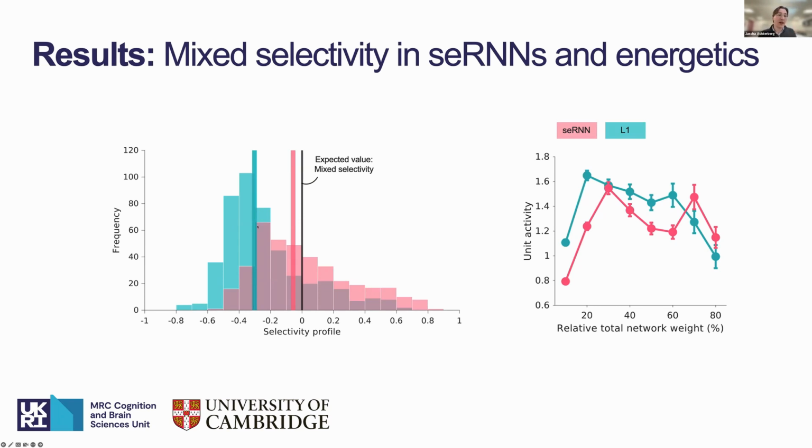That means the L1s show something where if a unit codes for one variable, it tends to not code for another one. So not pure mixed selectivity, which is what we usually find in task-solving networks or prefrontal cortex. But if we look at seRNNs, they're way closer to this expected value of mixed selectivity.